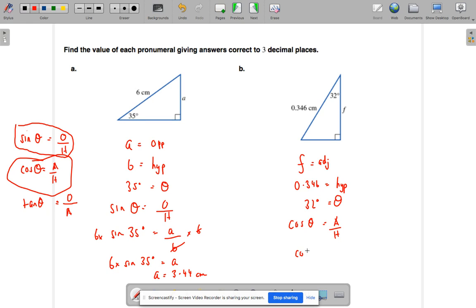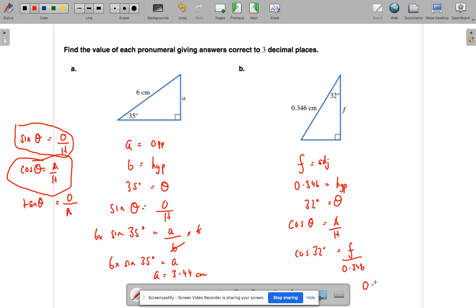So cosine 32 degrees equals adjacent, which is F, over the hypotenuse, which is 0.346. Once again, to get F by itself, we times both sides by 0.346.